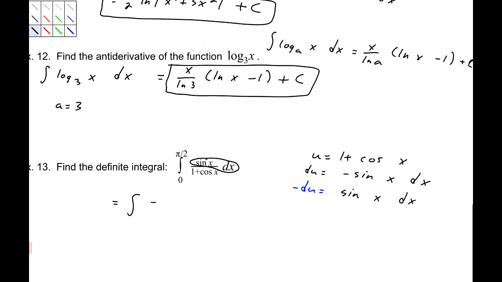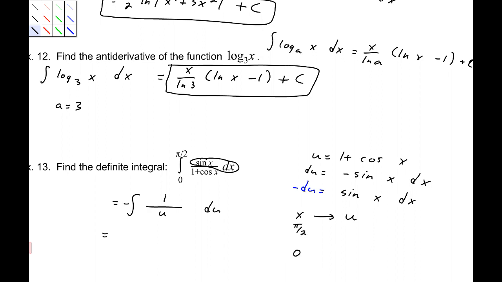So negative, which I can factor out actually, negative du. The sine is taken up with that negative du, so we have 1 over u. Now, the limits of integration, though, these are going to change because we're going from x's to u's, beginning with pi over 2 and 0.